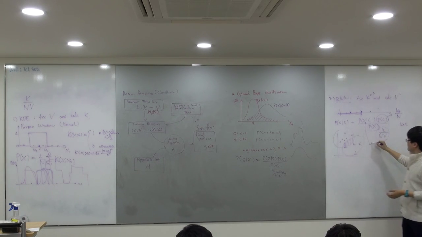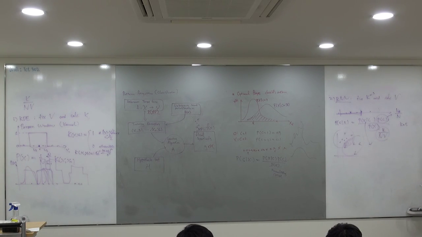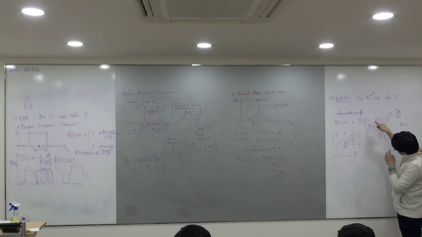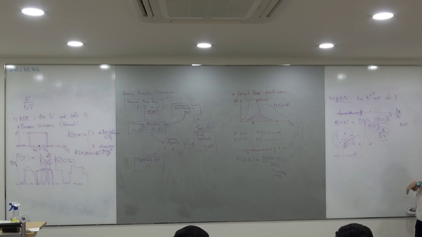And for this one, you're already given the class. So there's NC, the number of data you're calculating, and the volume is the same, and the number of data is KC.